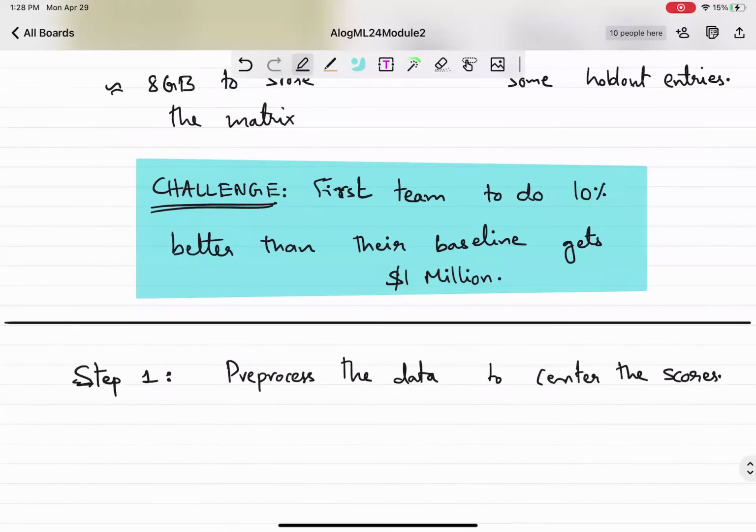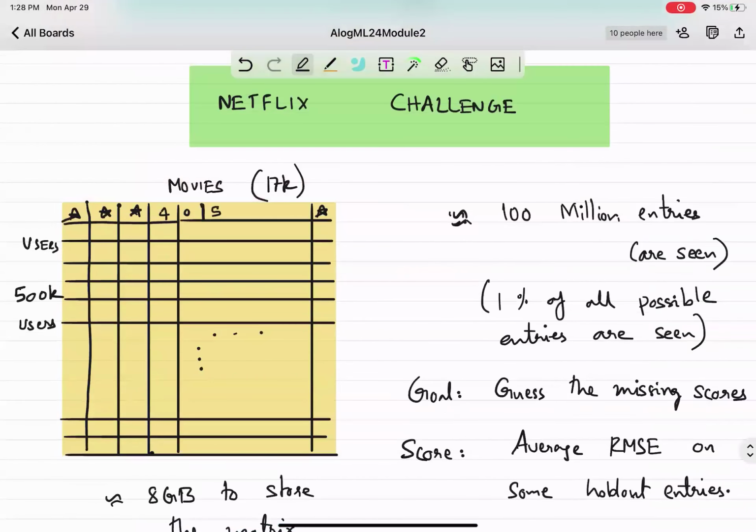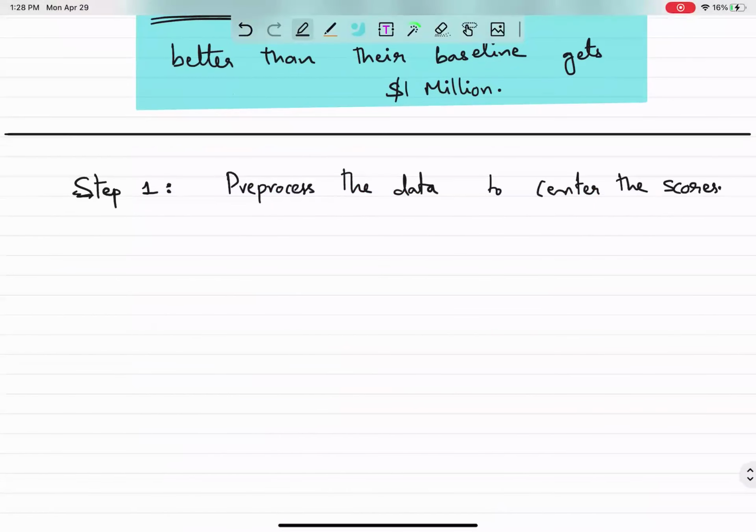Meaning some people, for any movie, would probably never go below 3: 3, 4, 5, 3, 4, 5. Whereas some people probably hit all movies with 0, 1, 0, 1, 0, 1 or something, right? You want to normalize the scores a little bit. So let's say at the very least, center the scores so that they have mean 0.